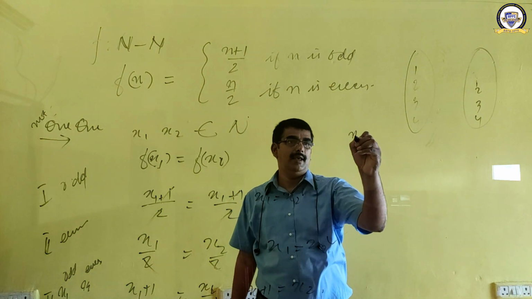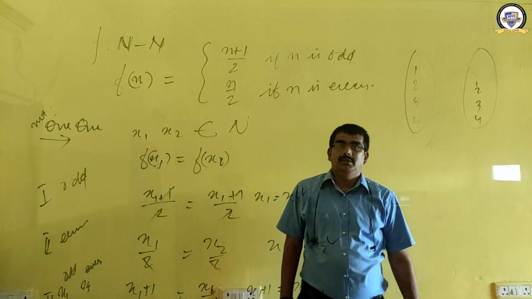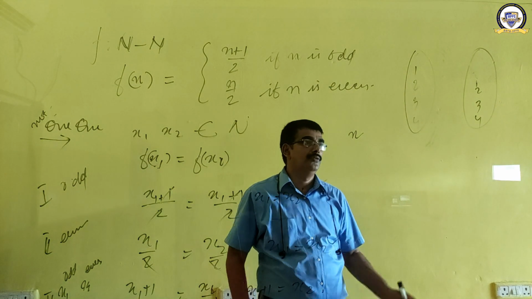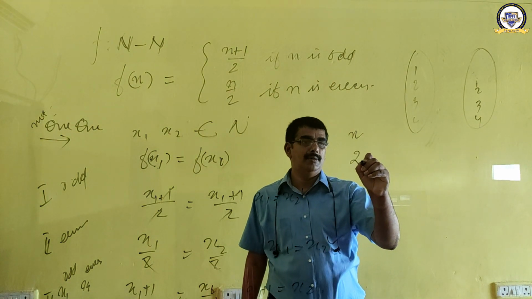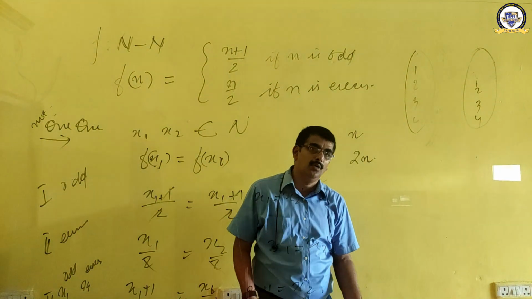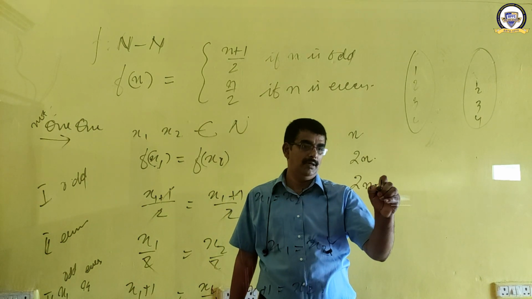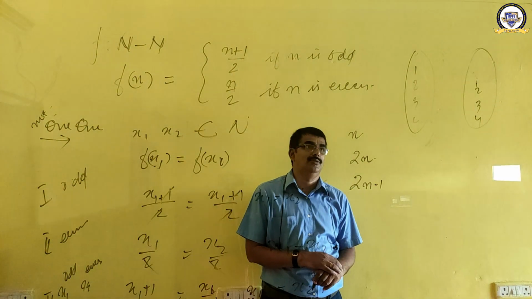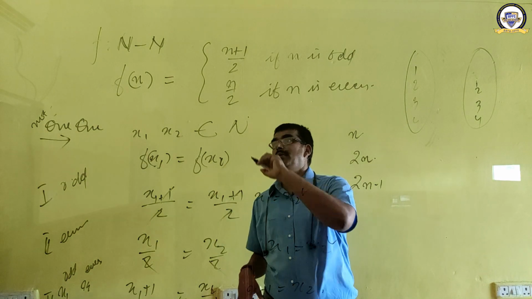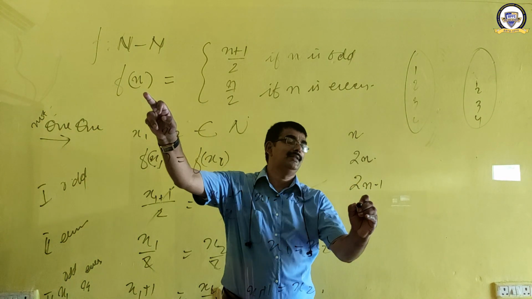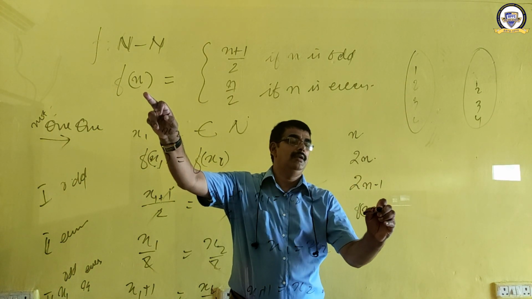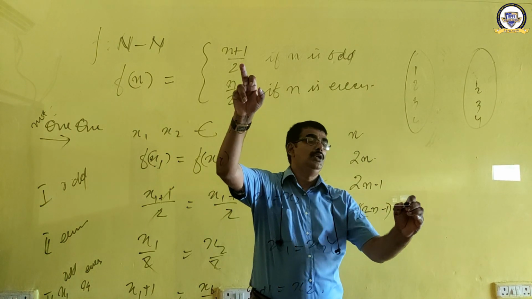Let us consider: the even number is 2n, then the odd number is 2n minus 1. So f(2n-1) is equal to what?